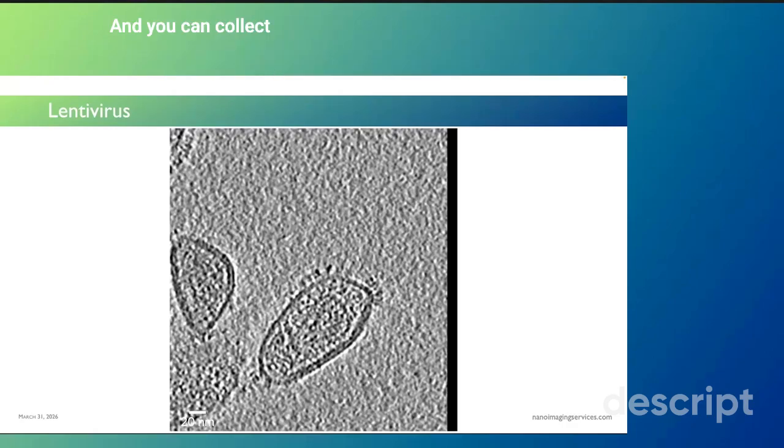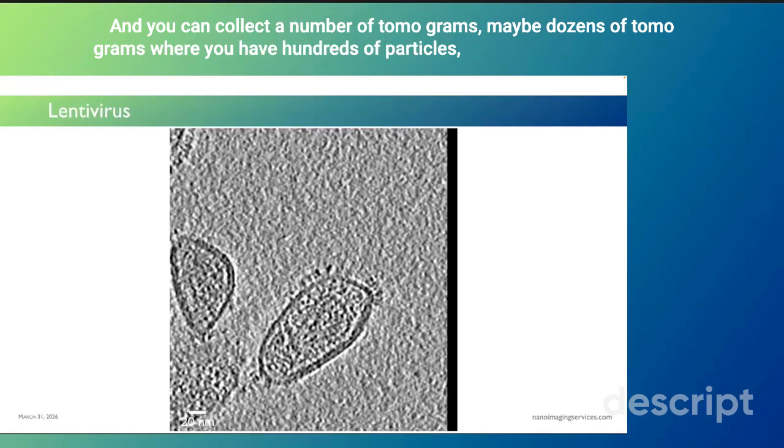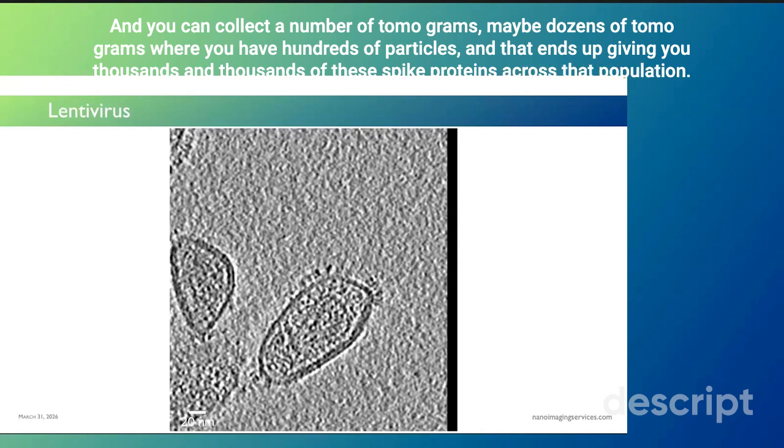You can collect a number of tomograms, maybe dozens of tomograms, where you have hundreds of particles, and that ends up giving you thousands and thousands of these spike proteins across that population.